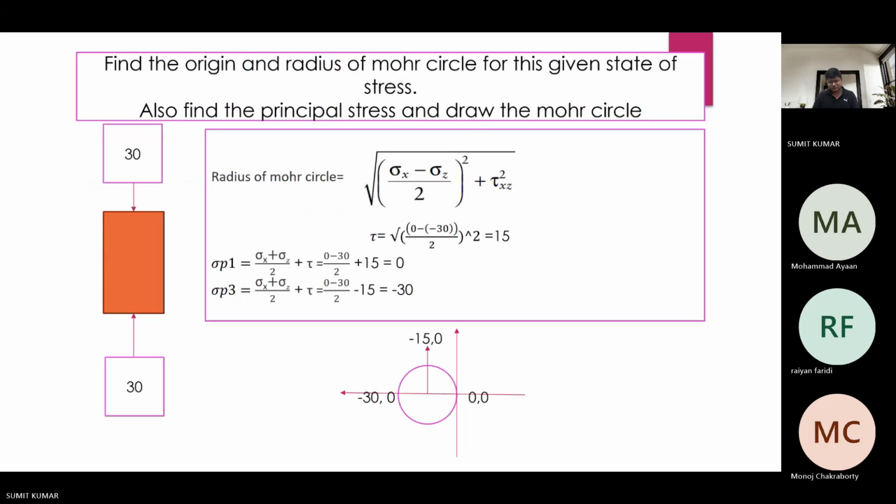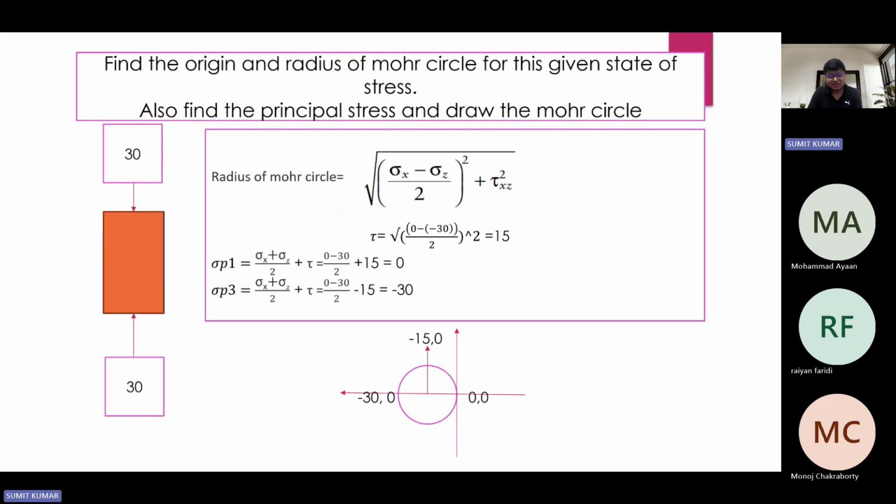Hence, the sigma P1 value is going to be sigma x plus sigma z by 2 plus tau. So sigma x and sigma z are known, that is, sigma z is going to be minus 30. Hence the value of sigma P1 is 0.